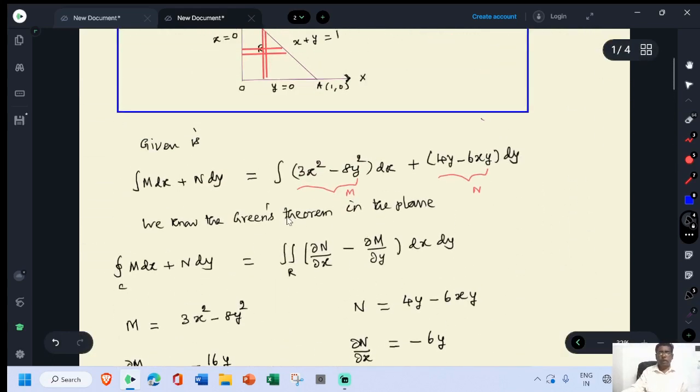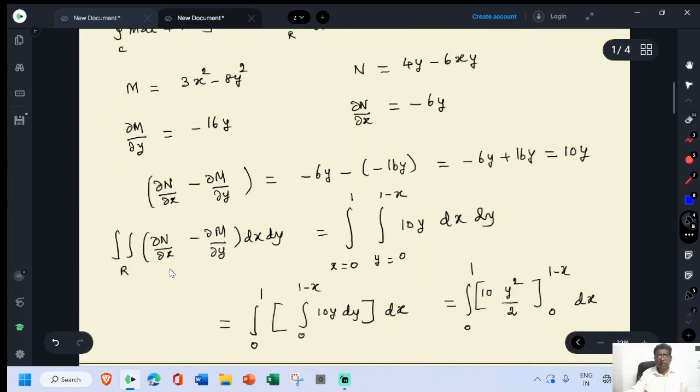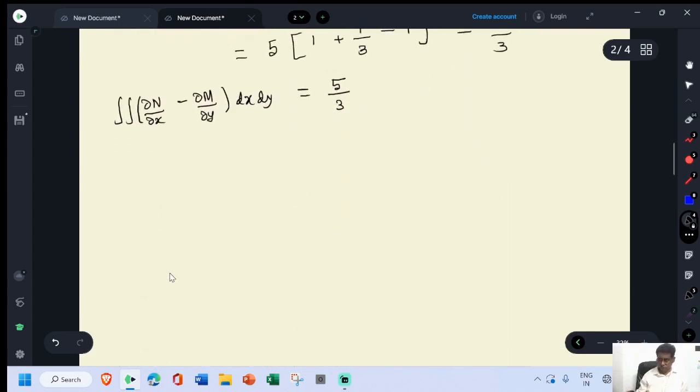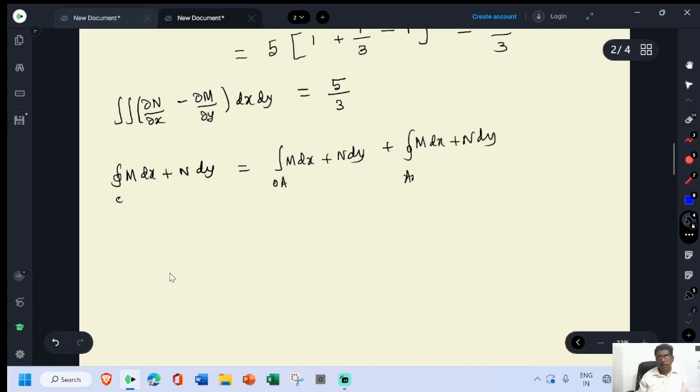Now, we arrived at the right hand side result for the given integral. Now we have to find the value of the left hand side, that is integral of m into dx plus n into dy, which is equal to m dx plus n dy for the OA line, plus m dx plus n dy for the AB line.